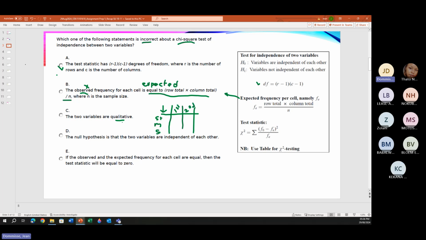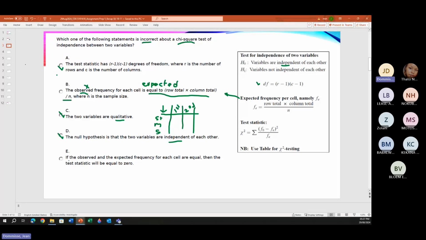So it is looking at two qualitative variables. For what we need to do in chi-square, it is only looking at two variables. Then the null hypothesis is that the two variables are independent. The null hypothesis is always independence, so that is true. The alternative is always not independent.